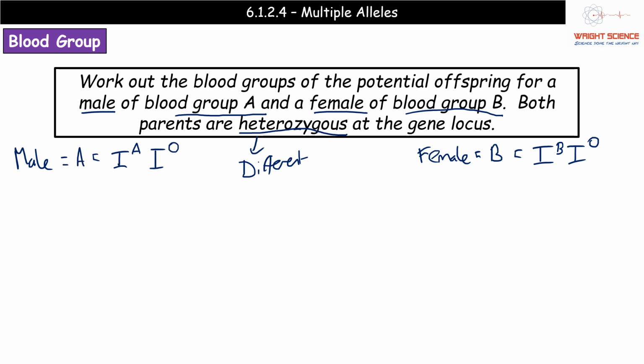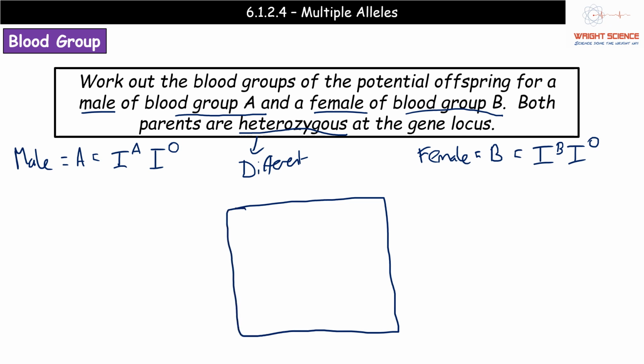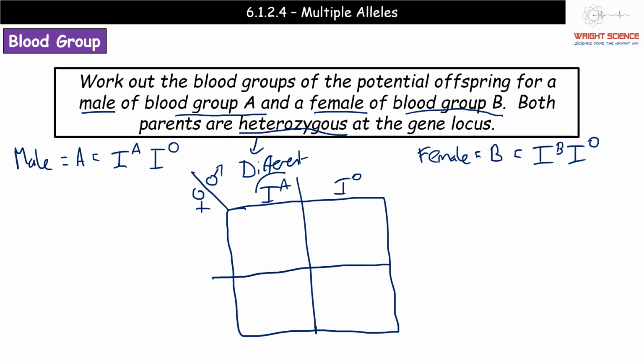Next thing to do then is to actually set out our little Punnett square. So really straightforward little Punnett square that we can do as usual. Do remember that when we are setting out the Punnett square, our rules for where the male and where the female go: females always going down and the males always going across. So we would have IA, IO in our little gametes, which we can stick in our circles as usual.